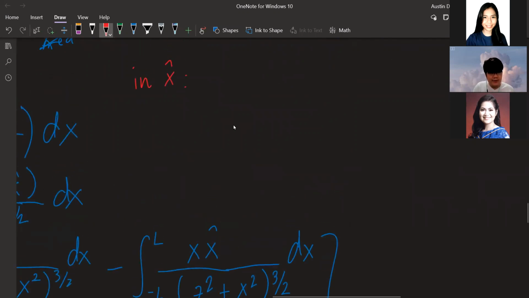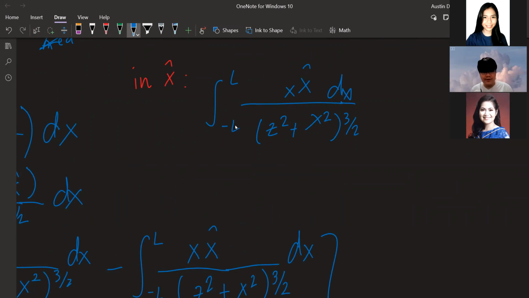Ang integral natin will be this guy, negative L to L, x prime and then z squared. Just gonna write this down. Yes, kaya ko to. Z squared plus x squared, 3 halves dx.